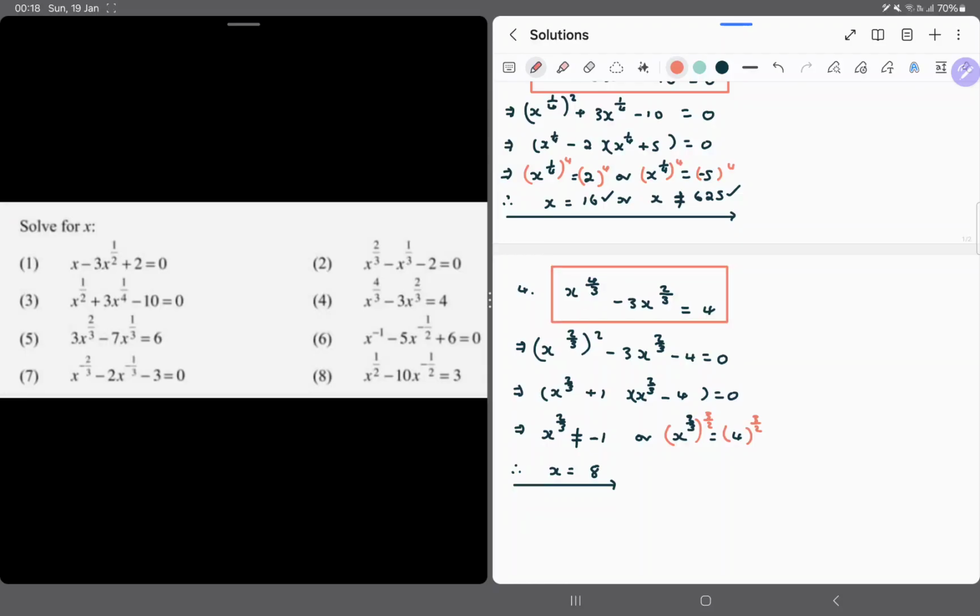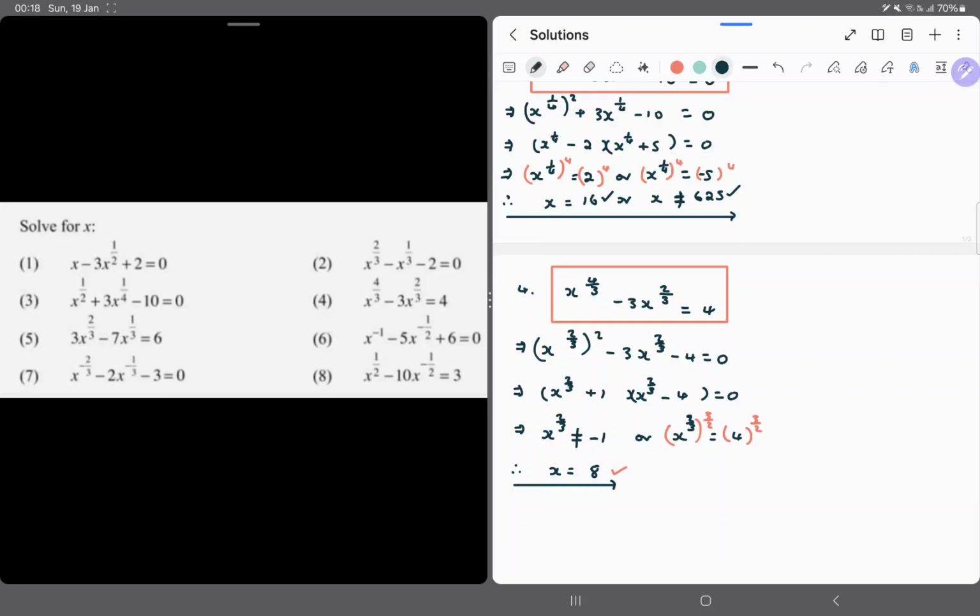Let's see. We've got 8 to the exponent 4 over 3 minus 3 into 8 to the exponent 2 over 3 minus 4. That gives us 0. It really works out.